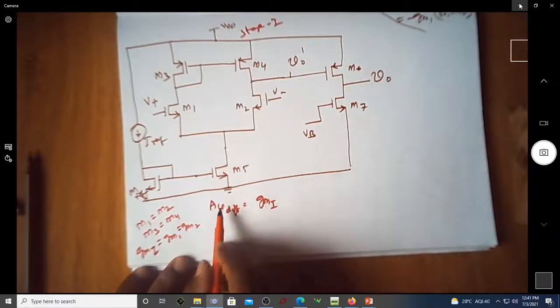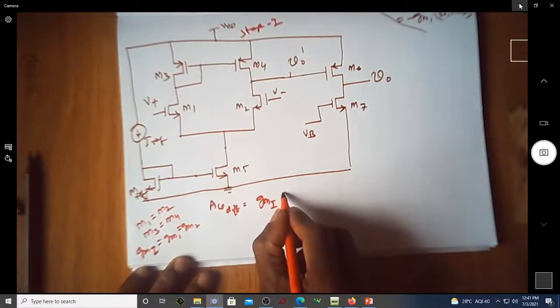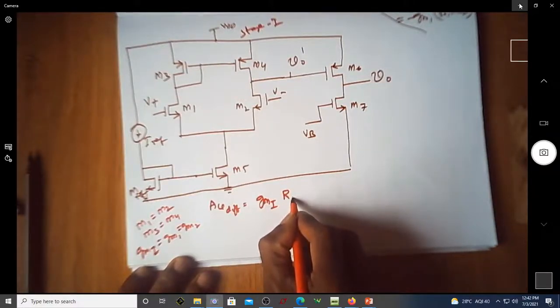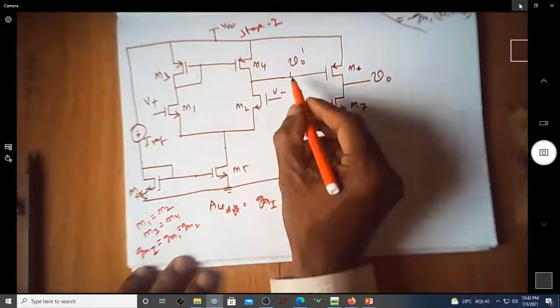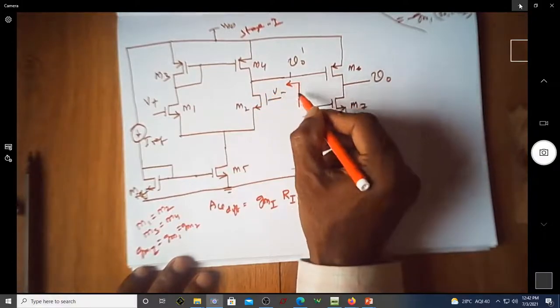Now I have the gain of this differential amplifier as GM of stage 1 multiplied by the resistance of stage 1. When I say resistance of stage 1, this is when you are looking into the circuit from the output.